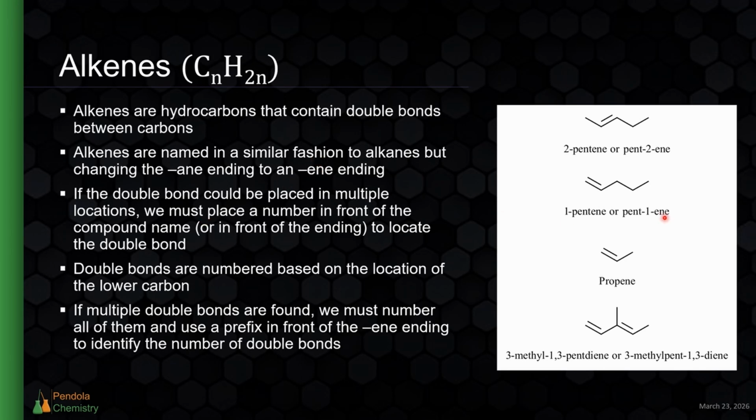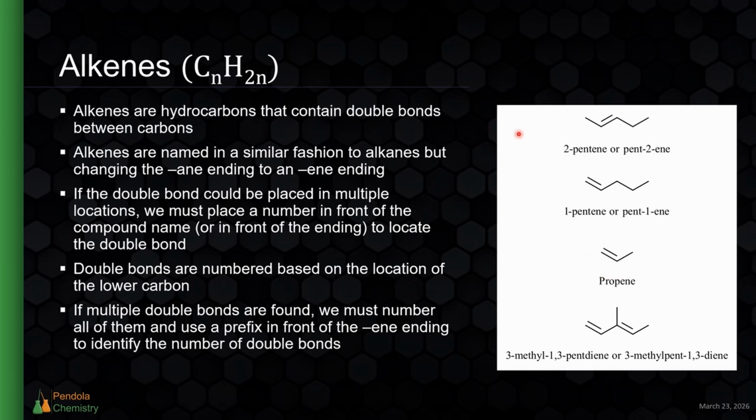Now, if the double bond could be placed in multiple different locations, then we need to put a number in front of the compound name, or in front of the ENE, to locate the double bond. And why is this? Organic nomenclature is about being as specific as possible. So let's look at this molecule right here, propene.